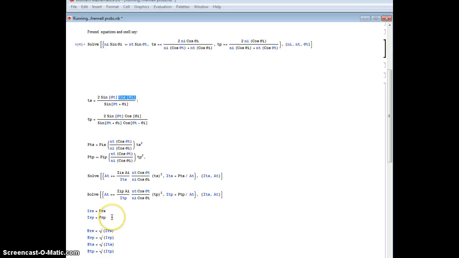Reflection is a lot easier because there is no area change. The equation is simply intensity equals power, since the reflected area and the incident area are the same. It only changes in the process of refraction.